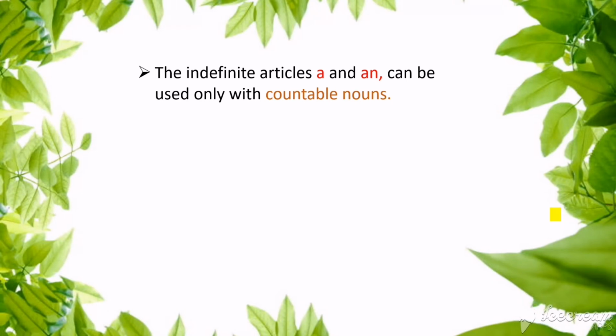Indefinite articles are a and an. Both a and an are used to represent one, and they are always used to represent countable nouns.